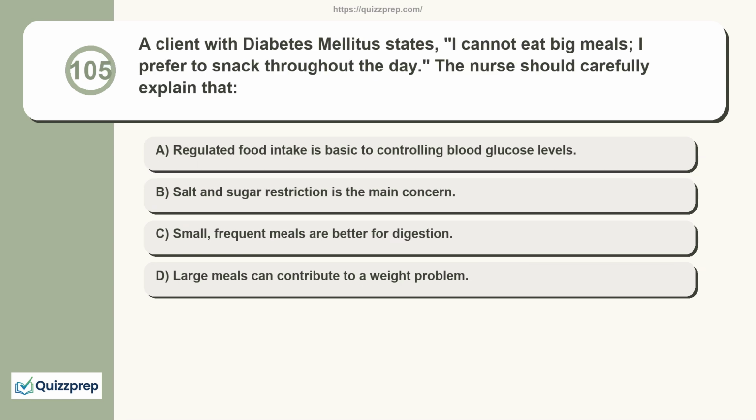Question 105. A client with diabetes mellitus states, I cannot eat big meals, I prefer to snack throughout the day. The nurse should carefully explain that regulated food intake is basic to controlling blood glucose levels. Salt and sugar restriction is the main concern. Small, frequent meals are better for digestion. Large meals can contribute to a weight problem.